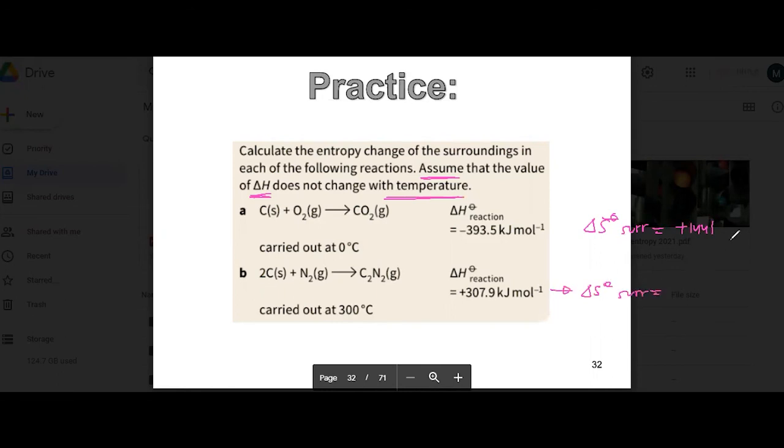Let's take a look once again. 307.9 times 1000 over 573.